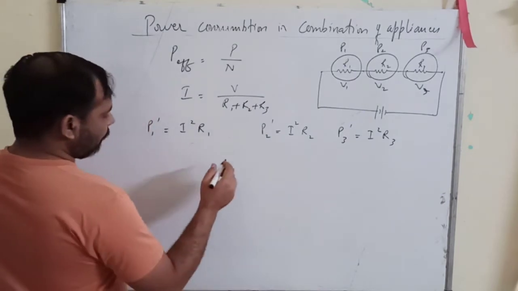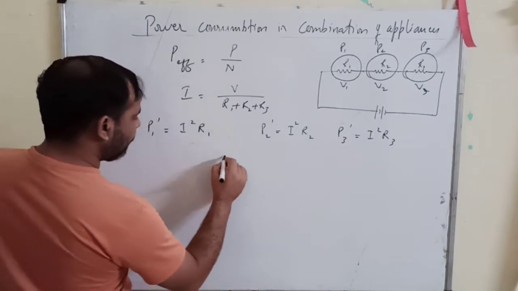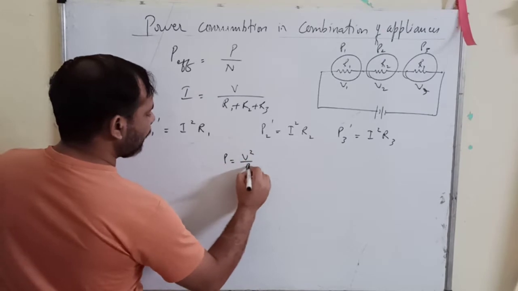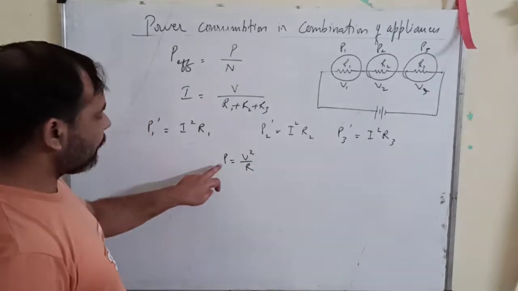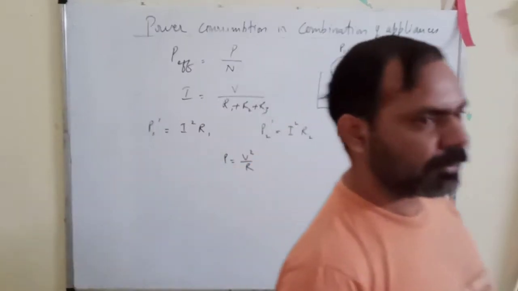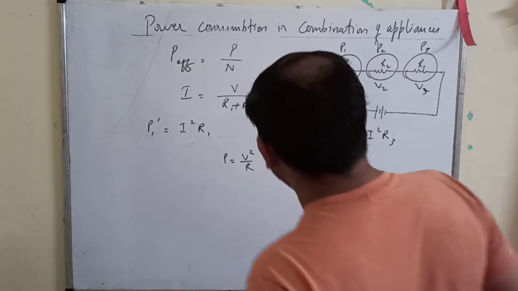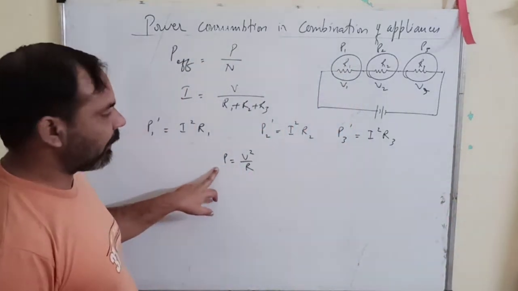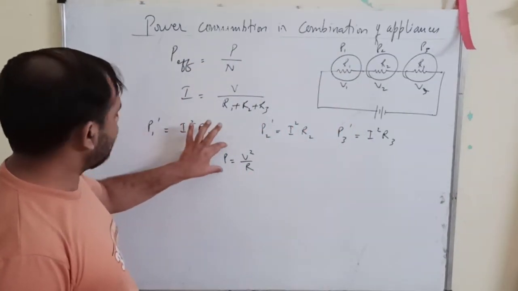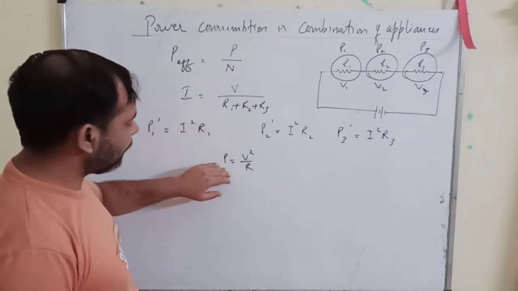Now, we have a formula that P is equal to V square upon R. Now this P is power. This is the formula for power consumption.